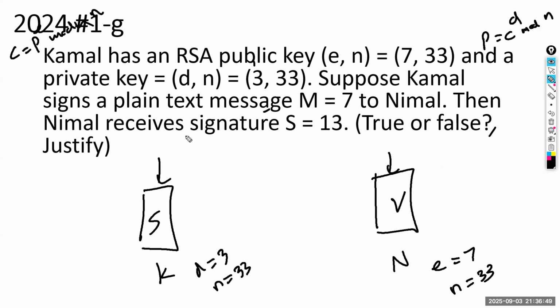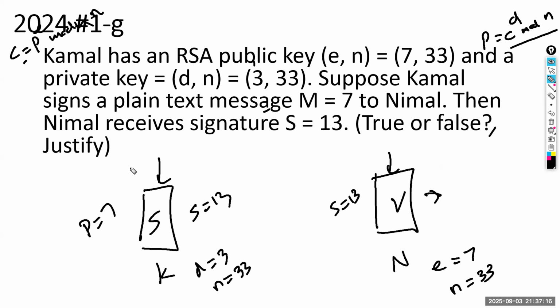Suppose Kamal signs a plain text 7, so P equals 7, to Nimal. Then Nimal receives the signature S equal 13. And you need to double check whether S equal 13 is correct. Of course, it must be verified to 7. So now you need to use this formula because this is encryption decryption.